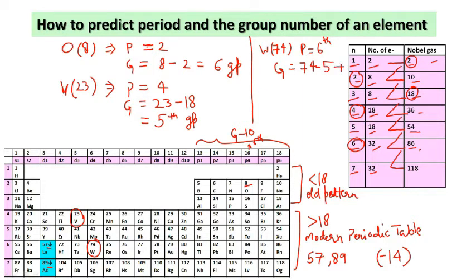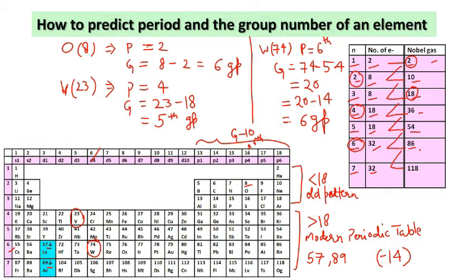So according to this we get 20. So 20 cannot be the group number, because in this case it is more than 57, and therefore we need to subtract 14 from this group number additionally, so that we get the actual group number, that is the sixth group. So here it is the sixth period for tungsten, and six is the group number.